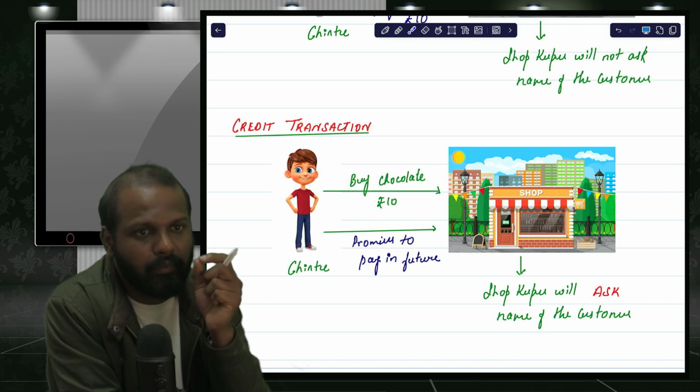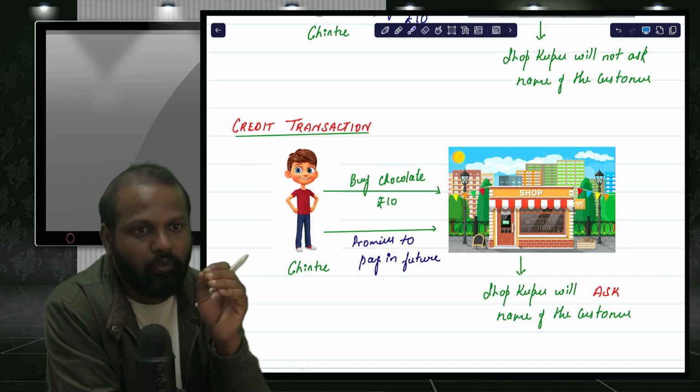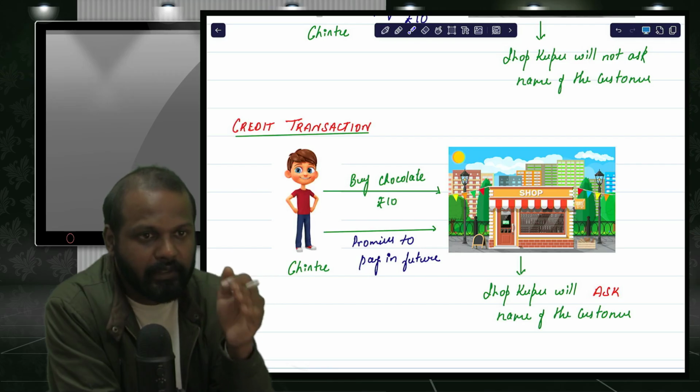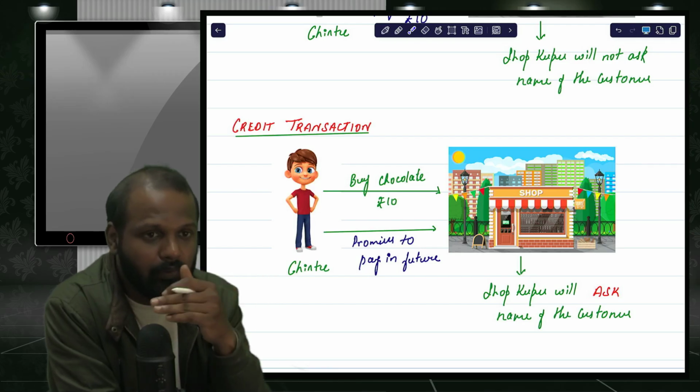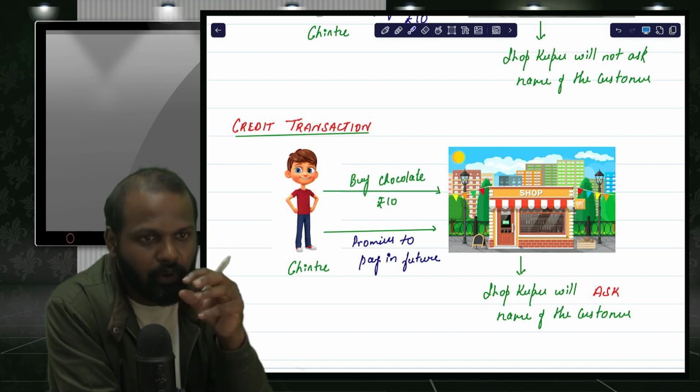The shopkeeper will ask, what is your name? Why is the name necessary? Because the shopkeeper has to remember from which customer he has to collect how much money. A shopkeeper will have so many customers from whom he has to receive money, so he has to remember from which particular customer he has to receive how much money.